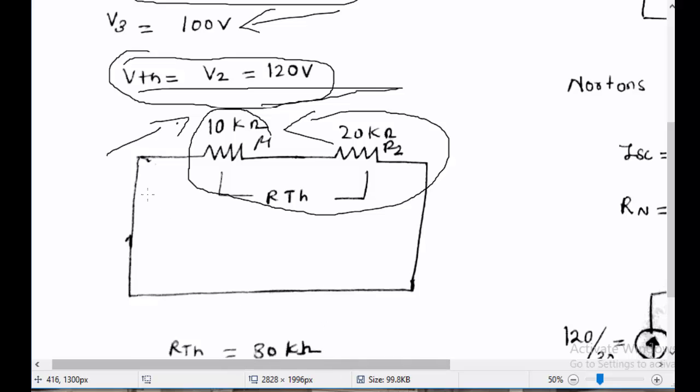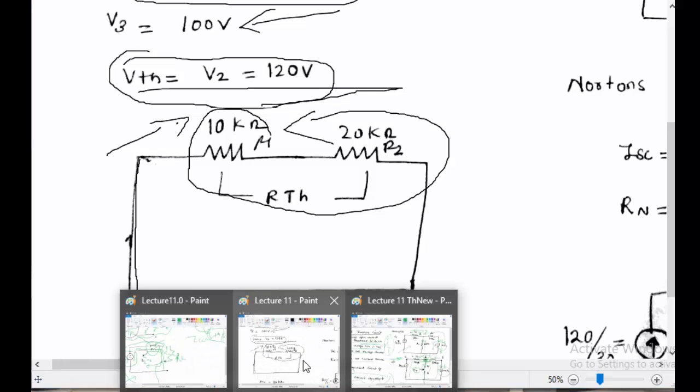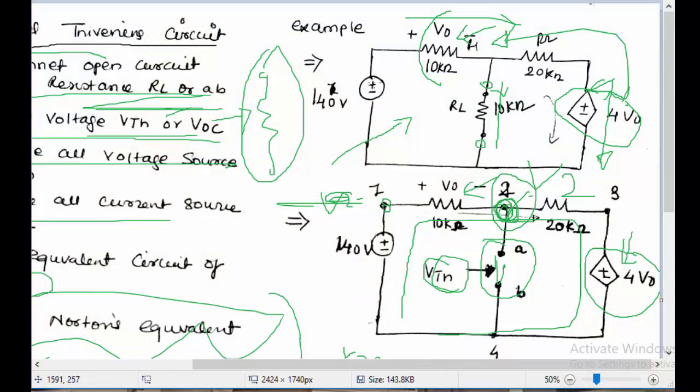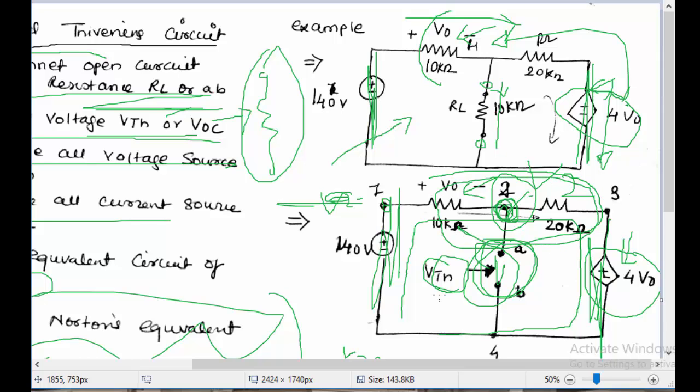What you have done is that you have shorted out all the voltage sources. After shorting out all the voltage sources, if you go back to the circuit, if you short out this, and this, already this is open. So you will have both of these in series now.